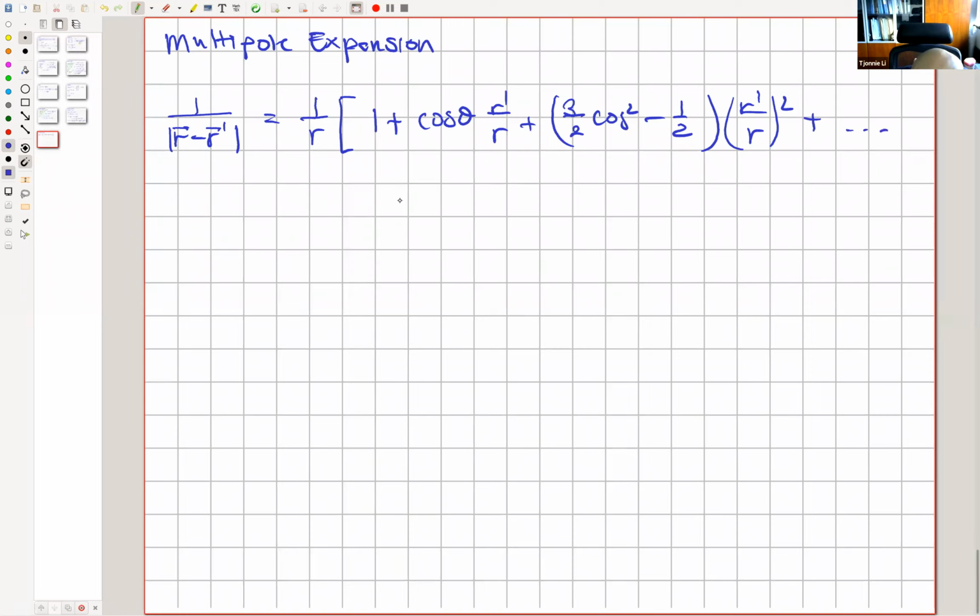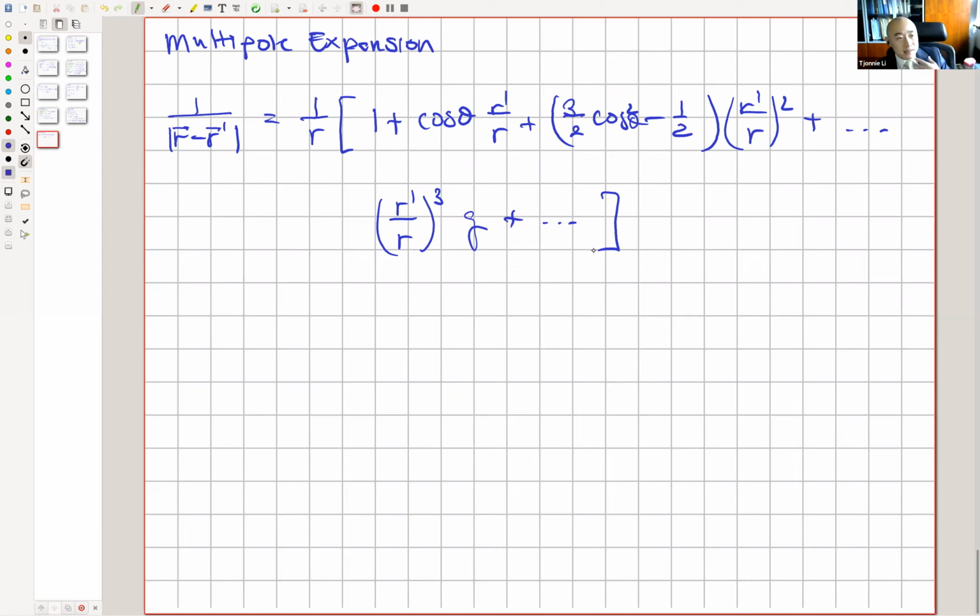In this case, the next term will be r prime over r cubed times some function g, properly, plus dot dot dot.